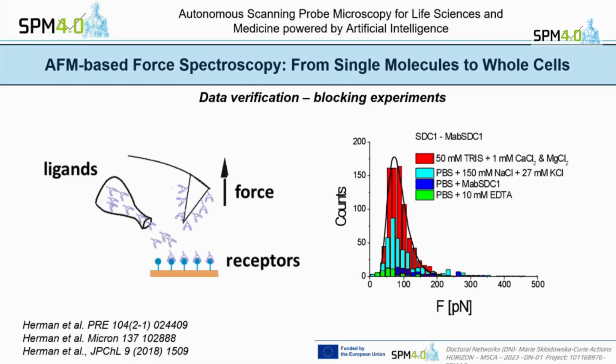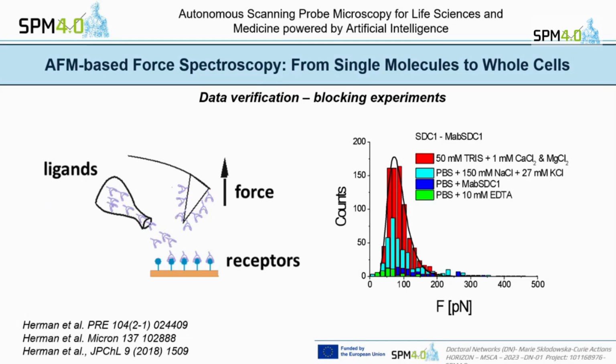The other remark, which not everyone remembers, is that data obtained from single molecule force spectroscopy without control experiments are no data. You have to block the interaction and repeat the measurements to be sure that your observation is actually this complex binding and not other stuff, that this is actually this specific interaction.